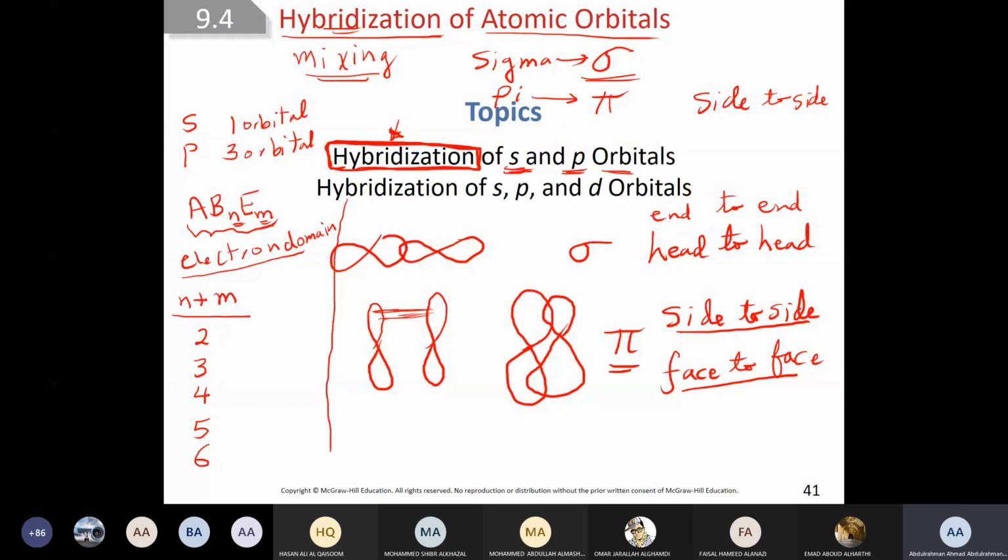If the total N plus M equals 2, then 1s would mix with 1p to make 2 sp orbitals. When the total N plus M equals 3, then 1s will interact with 2p to make 3 orbitals, each one called sp2.